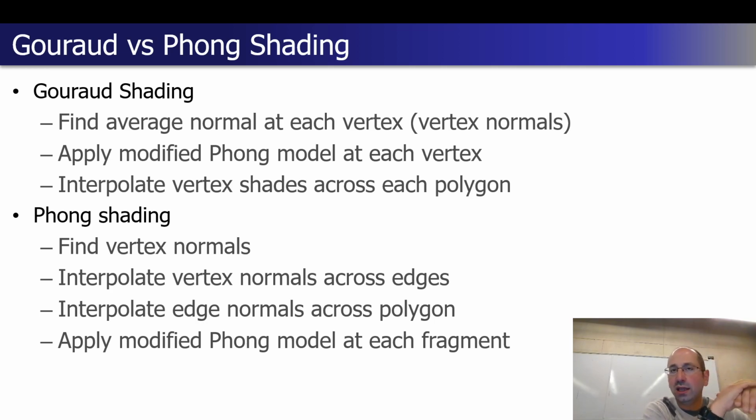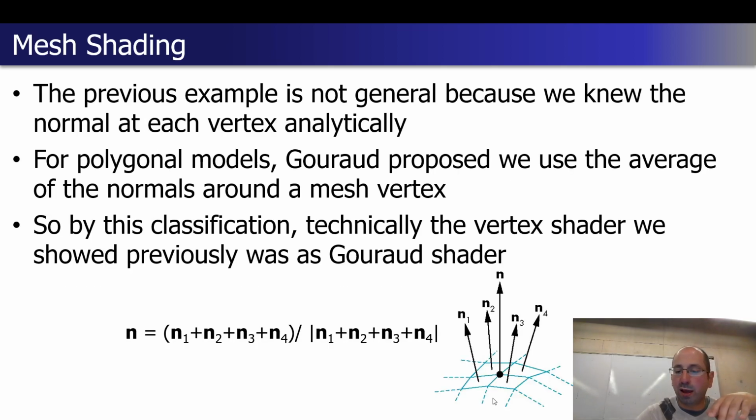In Phong shading, and in the example we may have seen this now, we're not doing any shading at all in the vertex shader. In fact, the vertex shader's role becomes pretty limited: just doing the model view projection transformation, figuring out where our vertices should be, and then just passing the rest of that information along. Pass the normals to the rasterizer, which is going to be responsible for determining not just for each vertex what the normal should be, but for each fragment what the normal should be.